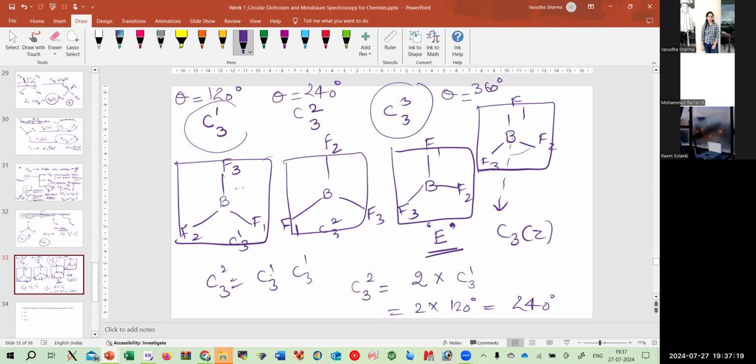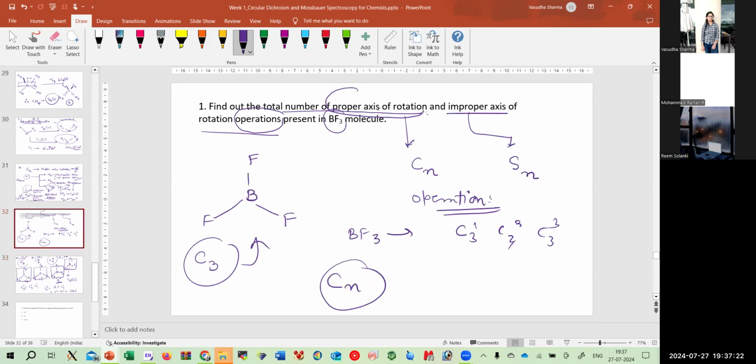So when somebody asks you how many operations are possible for C3, it can give you two operations, which are C31 and C32, because in each molecule, irrespective of what molecule you are taking, identity will be existing there. There is no molecule that does not have identity. So identity is compulsory in every molecule. But when we are talking about proper axis of rotation operations, you need to consider how many times we can apply C3. None of the symmetry operations should repeat itself.